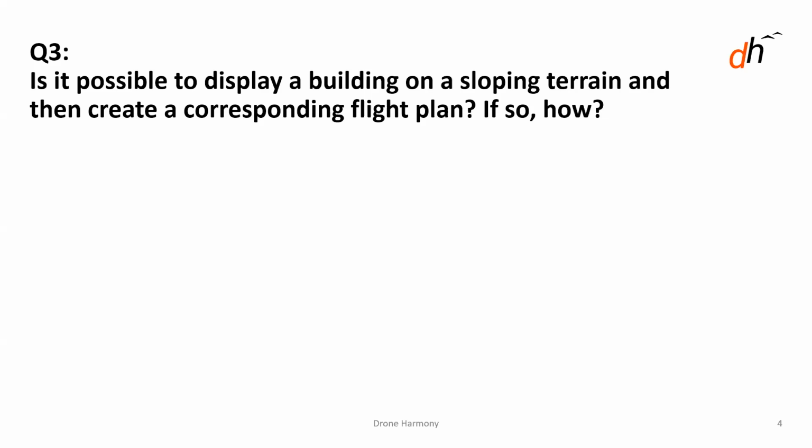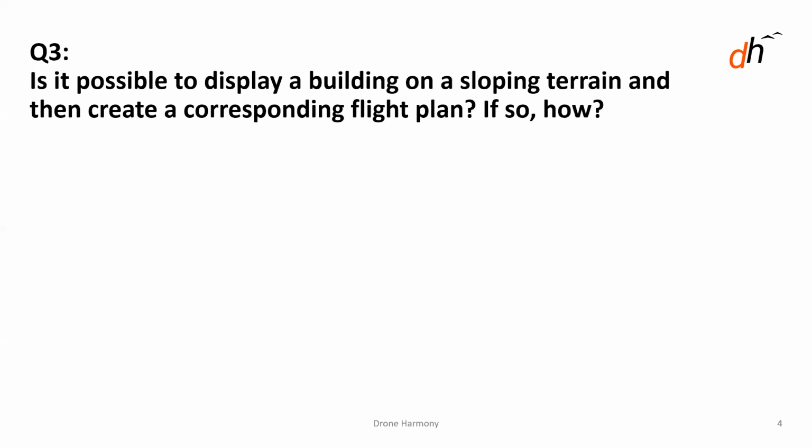In case you need to model some terrain around the building, what we currently recommend is you use the block structure, so the usual polygon tool, etc., in the Drone Harmony web or mobile application to model the building and to model level sets of the terrain.